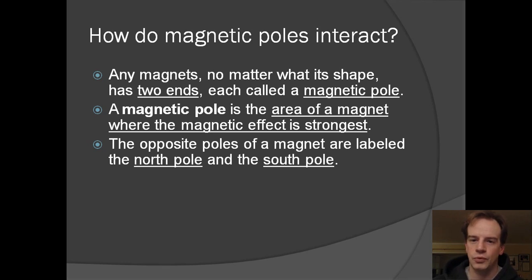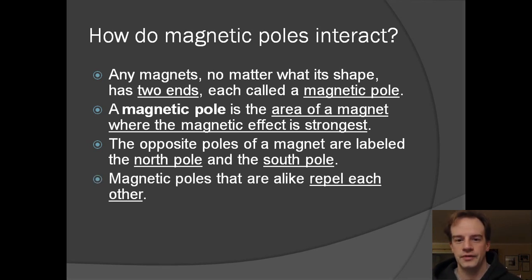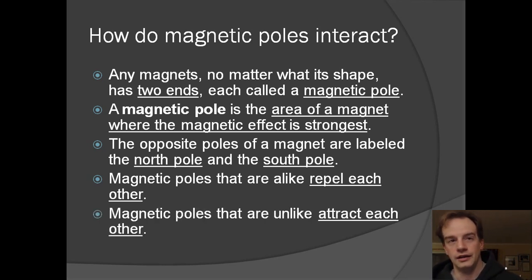A magnetic pole is the area of a magnet where the magnetic effect is the strongest. The opposite poles of a magnet are labeled the North Pole and the South Pole. Magnetic poles that are alike repel each other, and magnetic poles that are unlike attract each other.